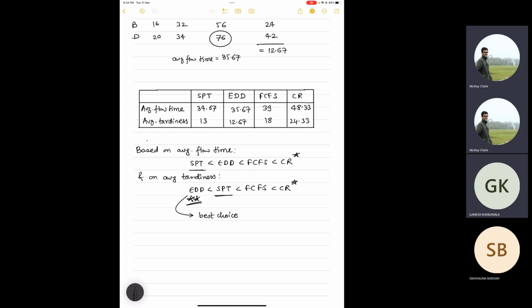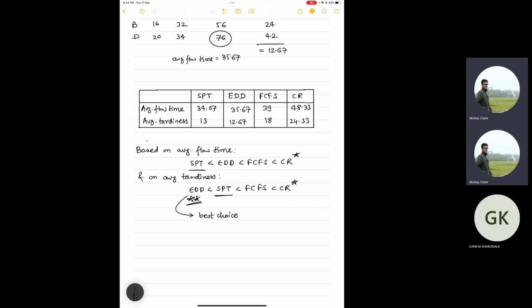Yes, sir. It's clear. And so, what does this CR tend to do in business terms, sir? So basically, CR gives you a measure of urgency. If for any job your CR is less than 1, then you are already delaying.